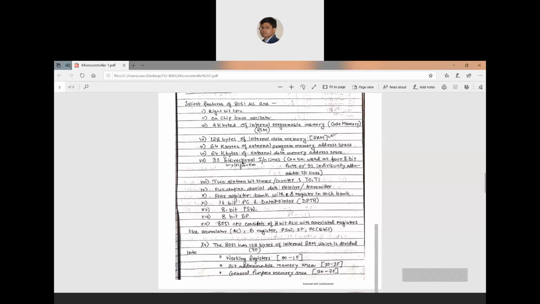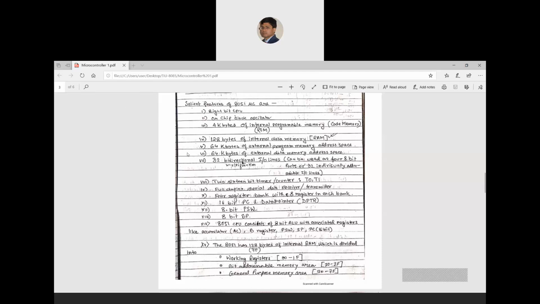And when I try to input some data into that RAM or ROM, I can give only 8-bit length data, because this is an 8-bit CPU. So we understand this.